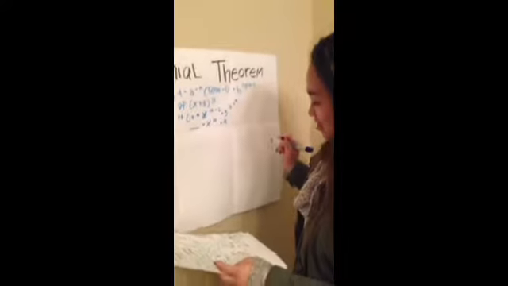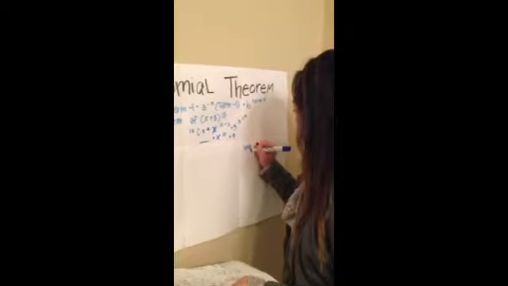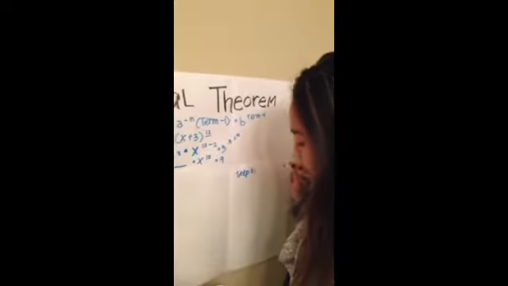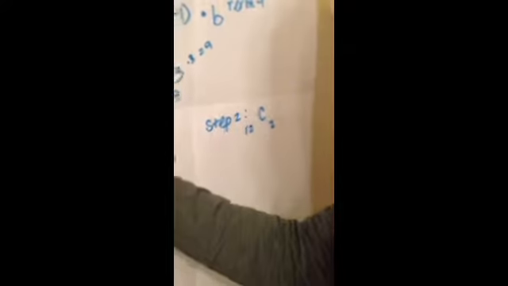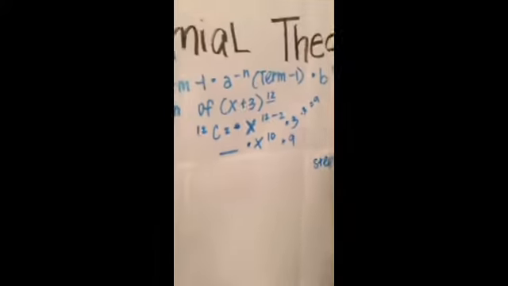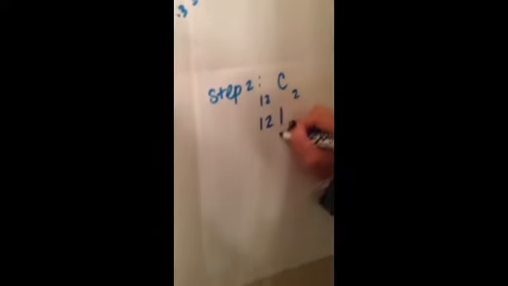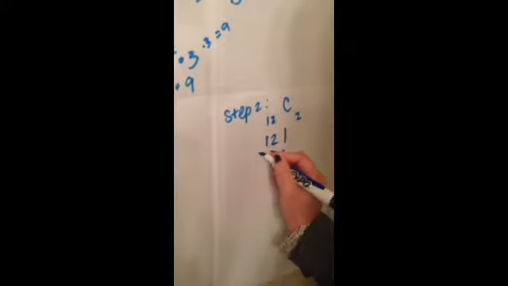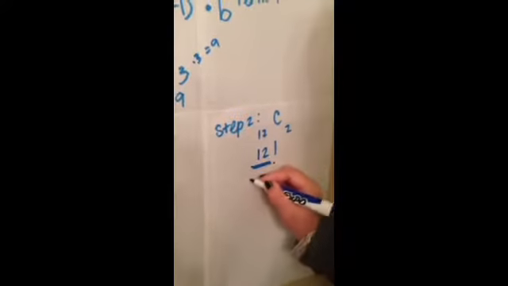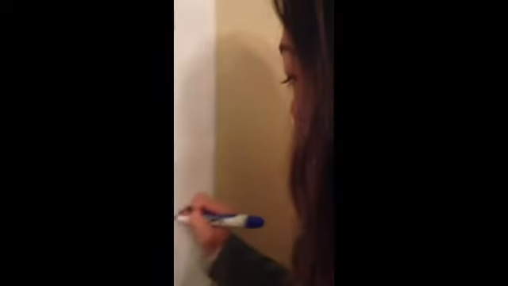Alright, so now step 2 is to take the 12C2 again, and then use 12 factorial. This exclamation looking mark is a factorial. And then you're going to do 10 factorial and then 2 factorial.